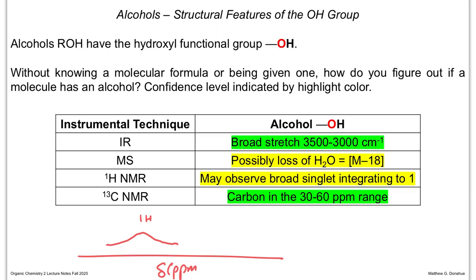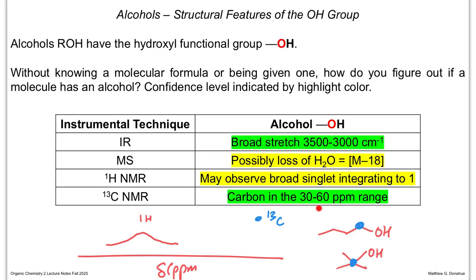In the carbon NMR, the carbon bearing the OH group typically falls within the range of 30 to 60, and again, depending on whatever else is bonded to that carbon.